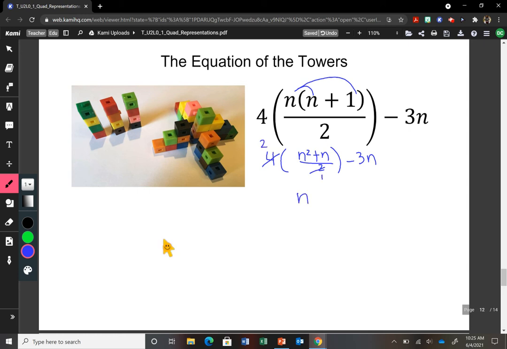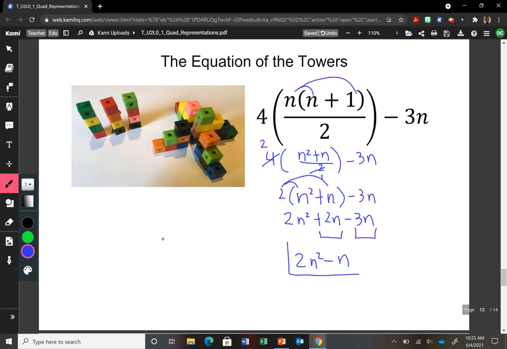So I'm just left with 2n squared plus n minus 3n. Now I can distribute my 2. Right, and that's what it looks like so far. And then I can combine like terms. There we go. So that is my equation for the towers.